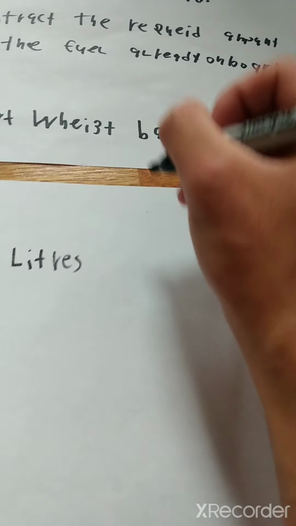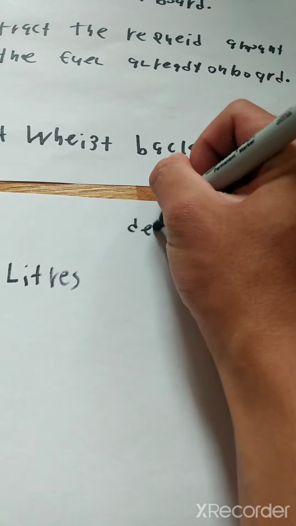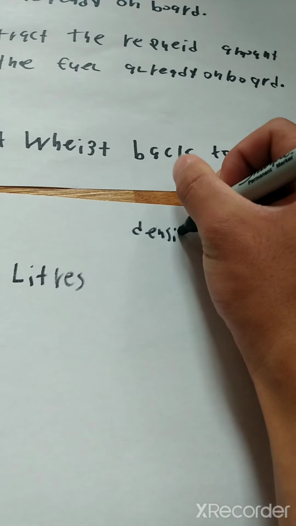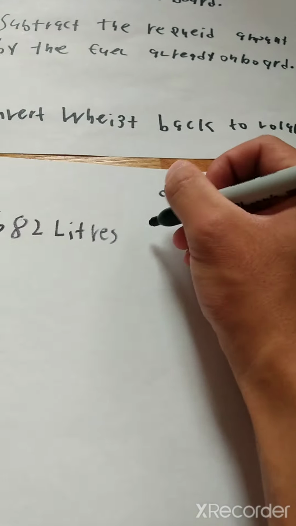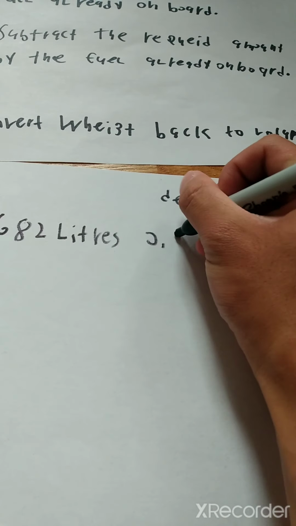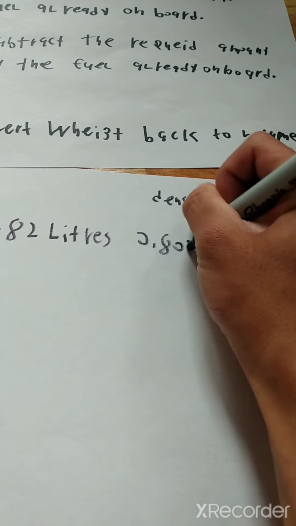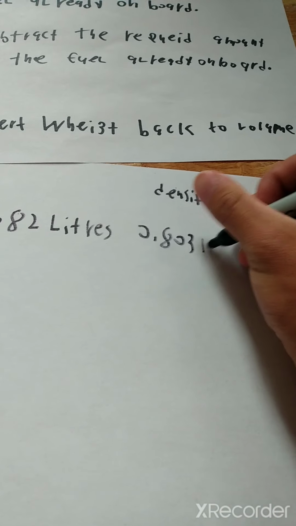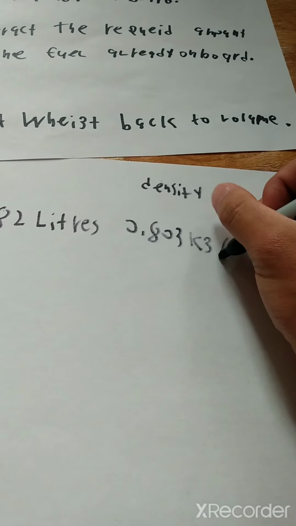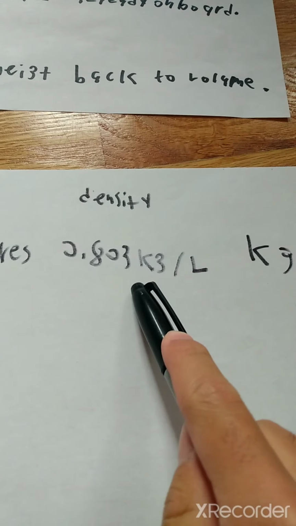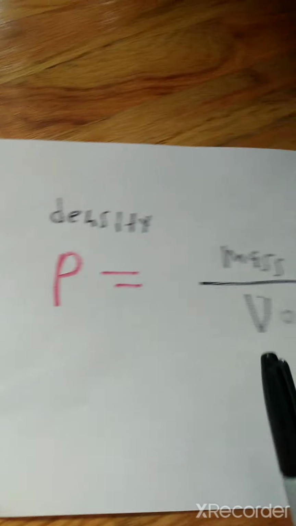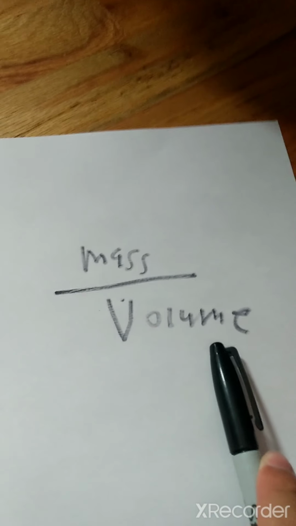What we're going to have to do is find the density. And the density for fuel is 0.803 kilograms per liter. That is the density. The formula for density is the mass divided by the volume.